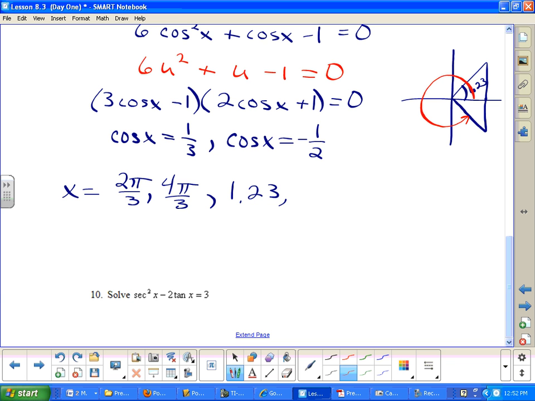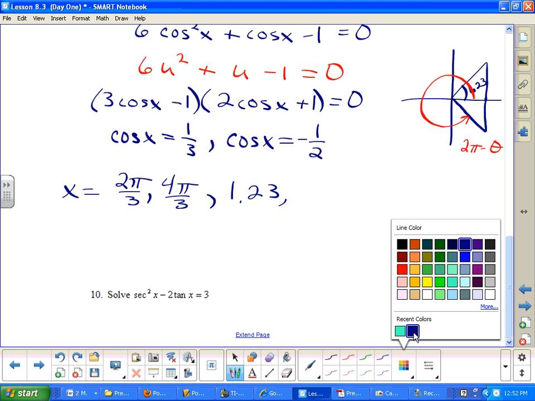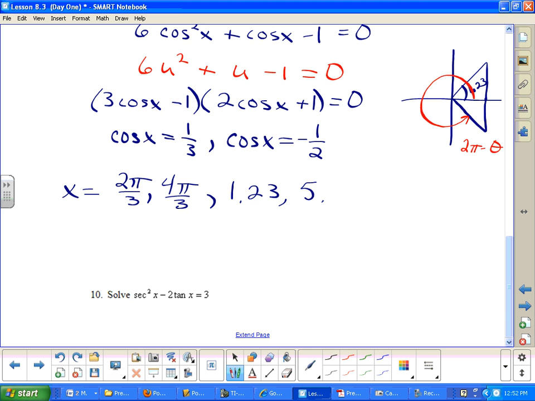Well, it would be 360 if we were talking about degrees. So for this angle here, we're going to do 2 pi minus whatever that angle is. And so 2 pi minus 1.23 would be the wonderful number of 5.05, right? 6.28 minus 1.23. And there's our answer.